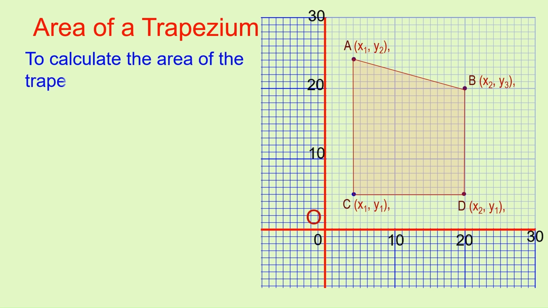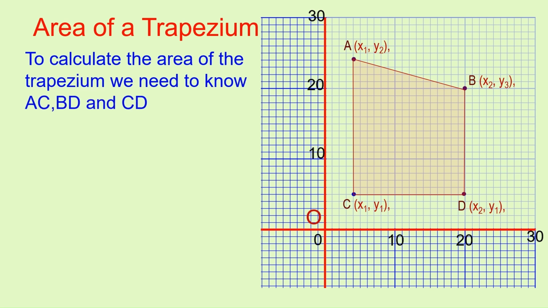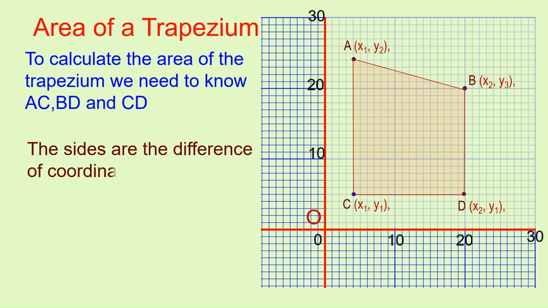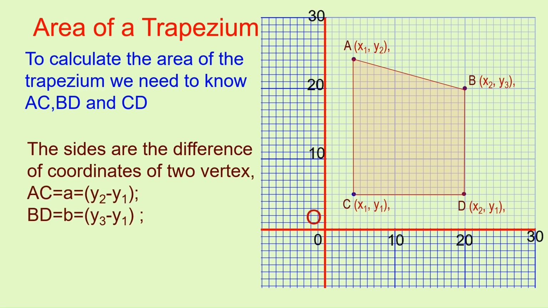To calculate the area of the trapezium, we need to know AC, BD, and CD. The sides are the difference of coordinates of two vertices. AC equals a equals y2 minus y1. BD equals b equals y3 minus y1. And CD equals h equals x2 minus x1.